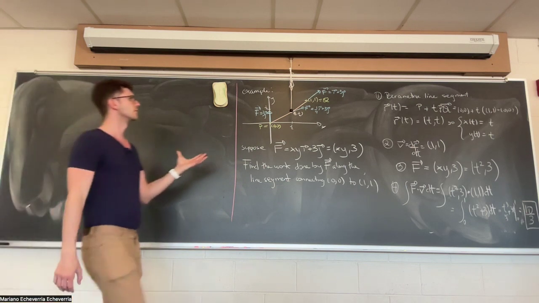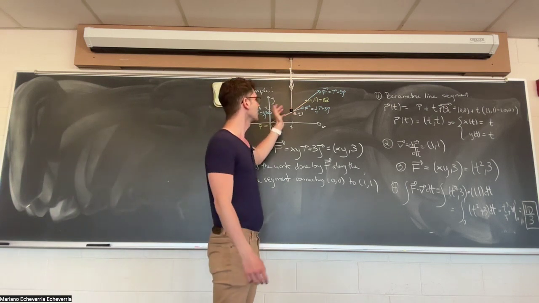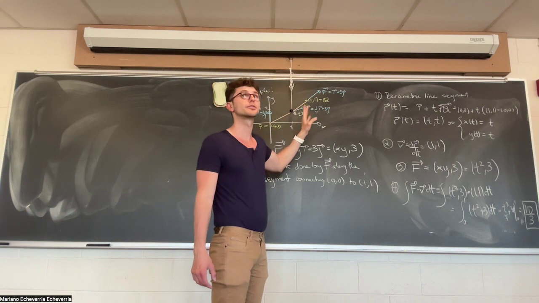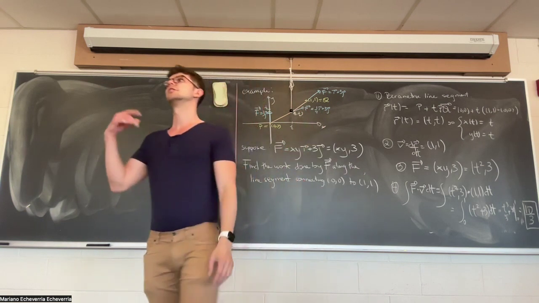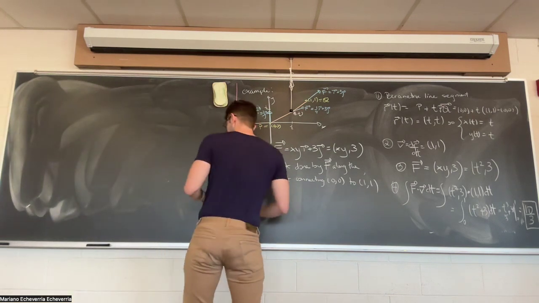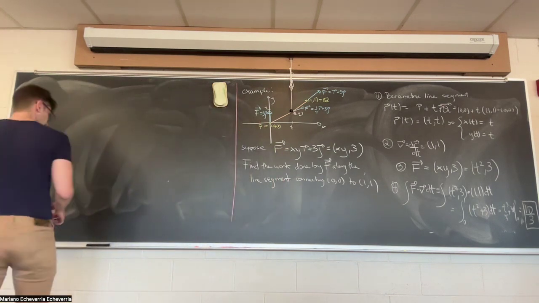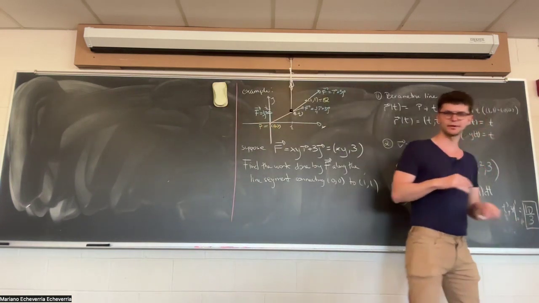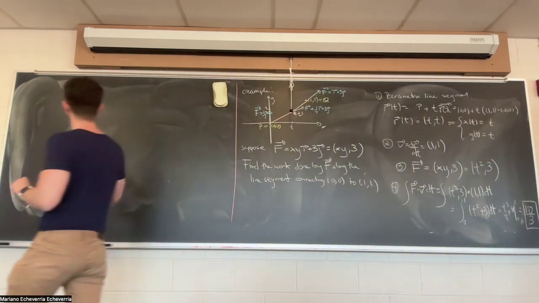In this problem, going through a line segment is not the only way of going from point 0, 0 to point 1, 1. Another thing you could have done is to choose another curve. So let's do that.